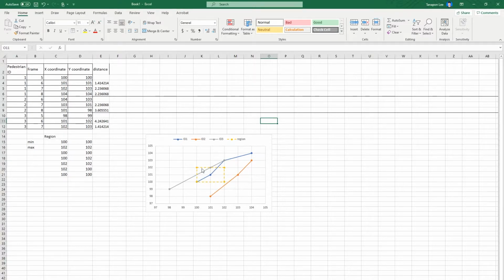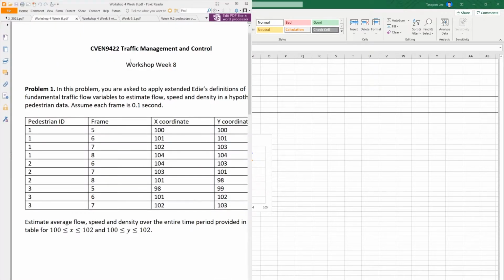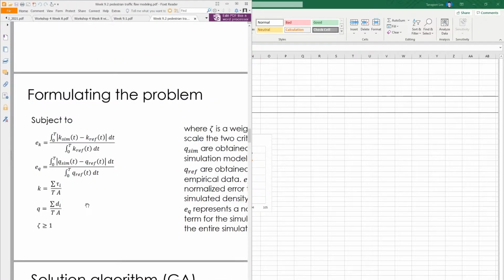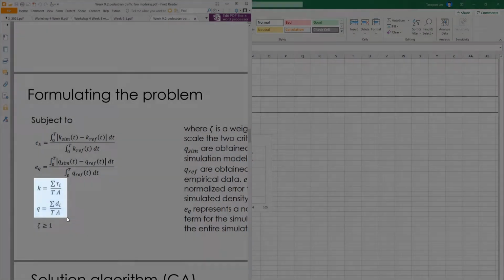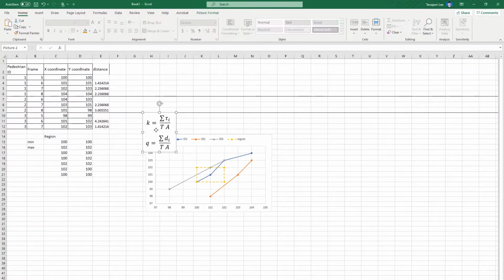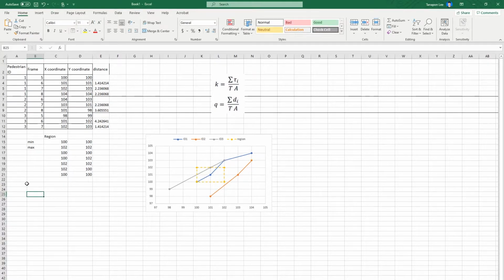So this is the area that we're interested in. We're going to observe in this area. So here we know the distance. If you look at this, this is the formula that we're going to use for calculation.